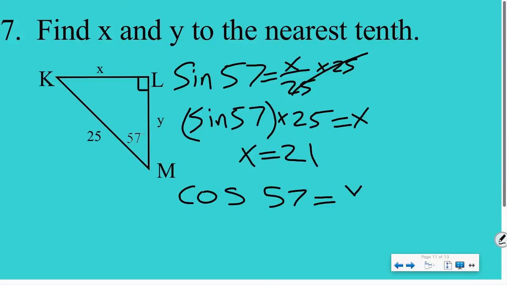If that one's 57, what should the other one be then? 33, right? Okay. So will Ruth's answer be smaller or bigger than Marco's? It should be smaller, right? Because that's going to be across from the smaller acute angle.